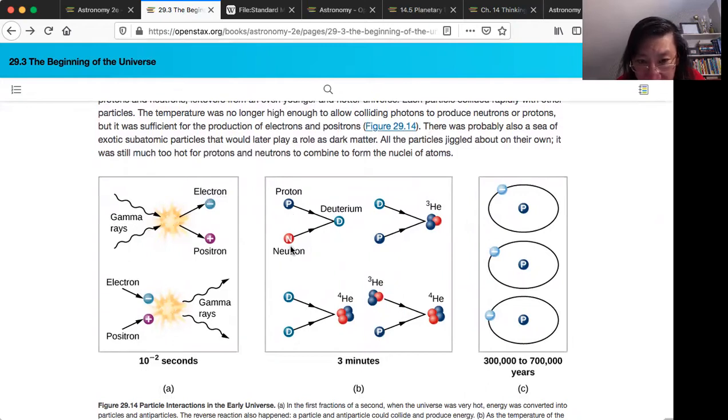Protons and neutrons have been created. And sometimes the protons and the neutrons combine and make a deuteron, like I was saying. And then the deuterons and the proton will come together and make a helium-3, right? 2 protons and 1 neutron. Sometimes 2 deuterons, 2 deuteriums will combine to make a helium. Sometimes a helium-3 will combine with another proton to make helium-4.